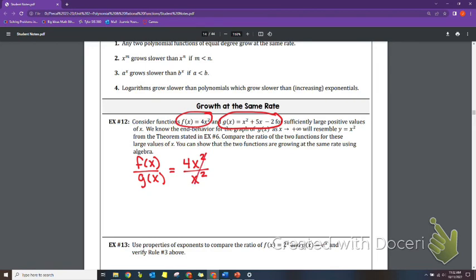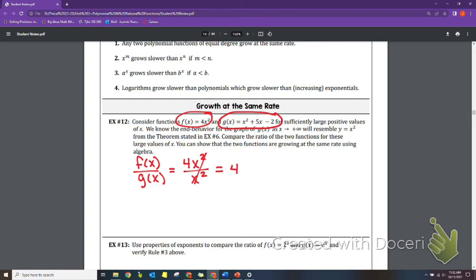Well, when we get this, then we know that this is going to equal 4. So as x goes to positive infinity, our division is going to go towards 4. Because our x squares cancel, because they are the same, then they're growing at the same rate. They're both growing by the 4 there.